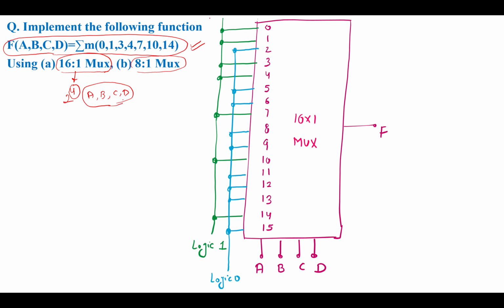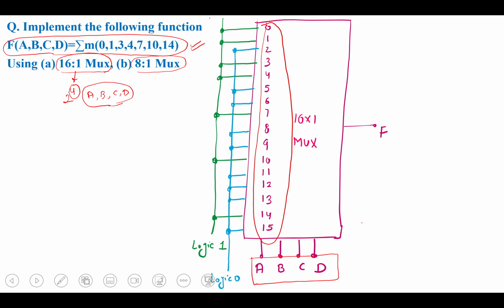So that means all the variables are utilized here for the select lines. That means these are the inputs. This input we have to select from these minterms, means minterms 0 1 3 4 7 10 and 14.